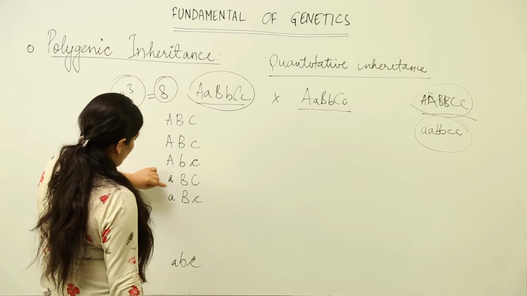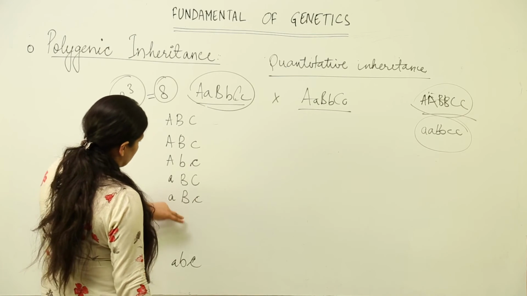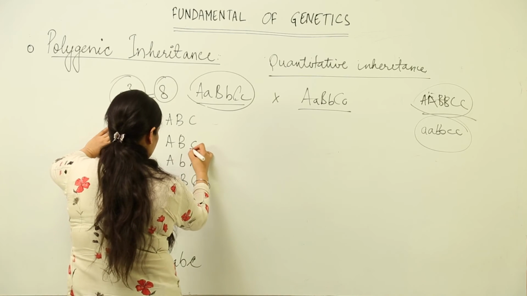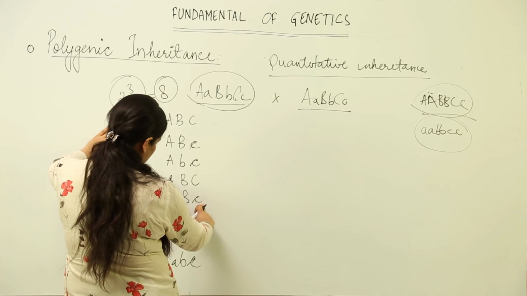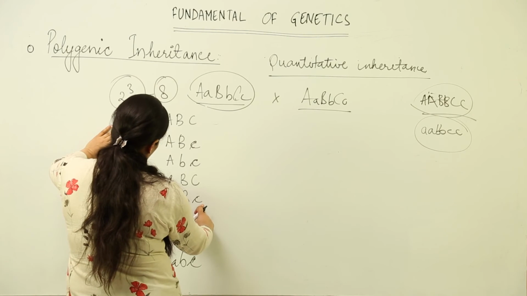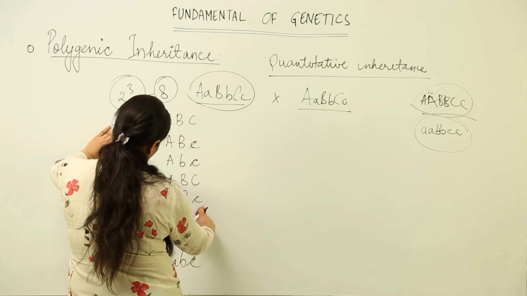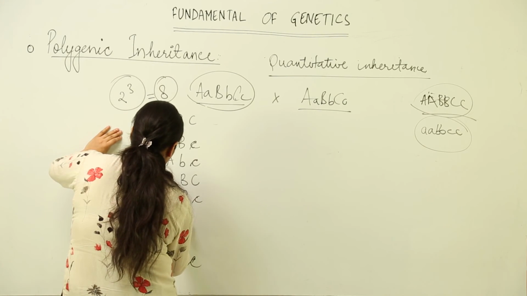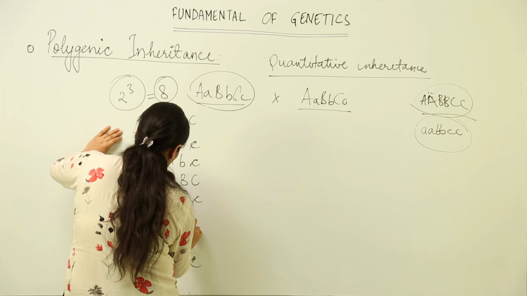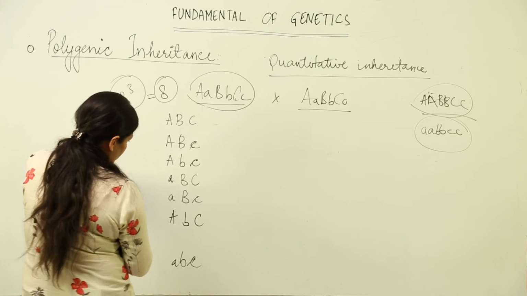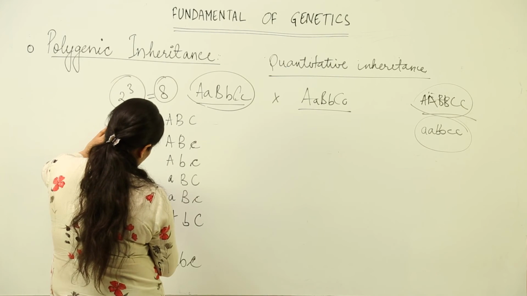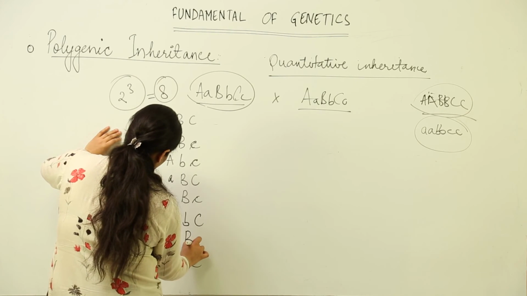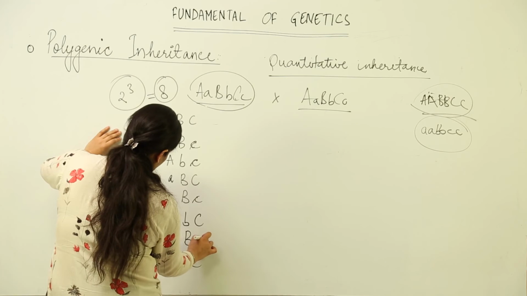We have 1, 2, 3, 4, 5, 6. We need 2 more. So what is to be considered? We have 3 of small c, 4 of small c. We need to have 4 more of small b. So we are going to see capital A, small b, capital C, and small a, capital B, small c.